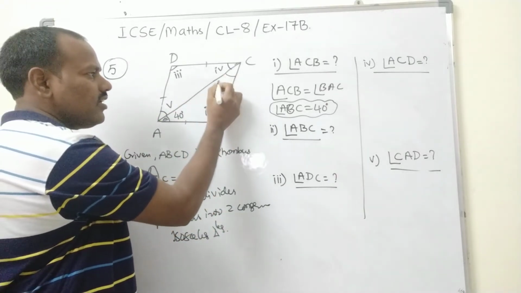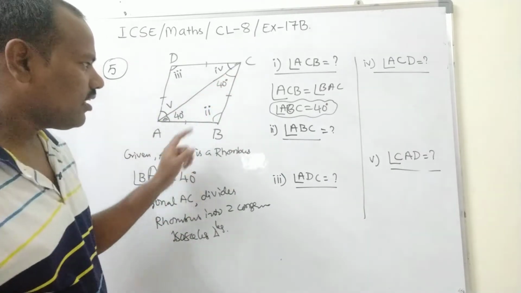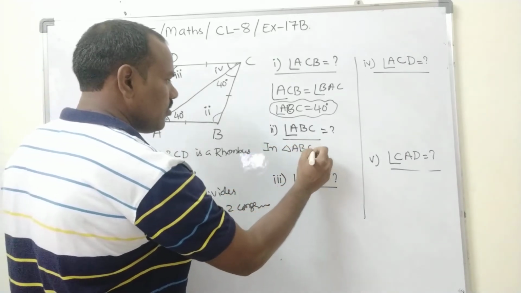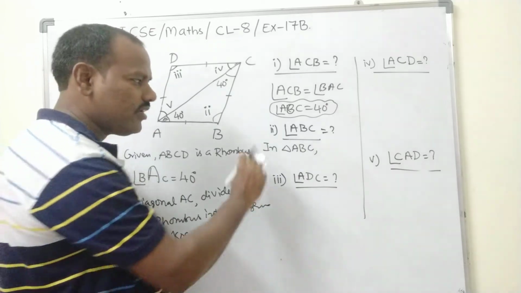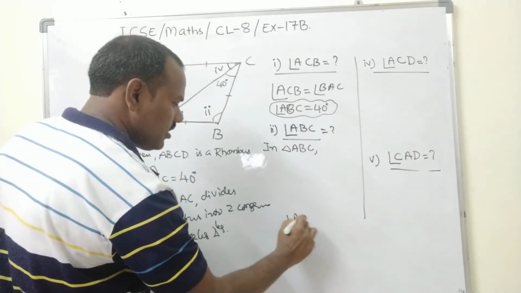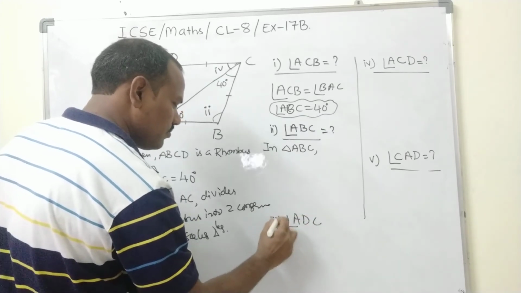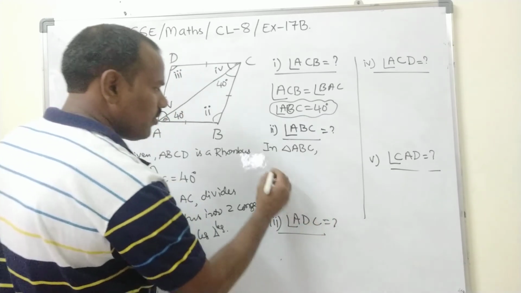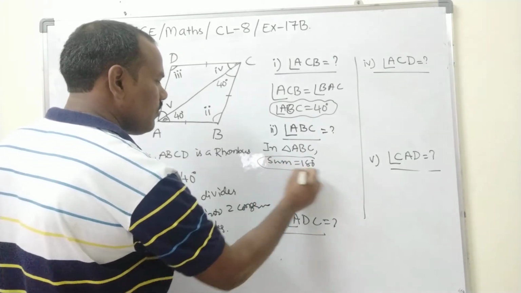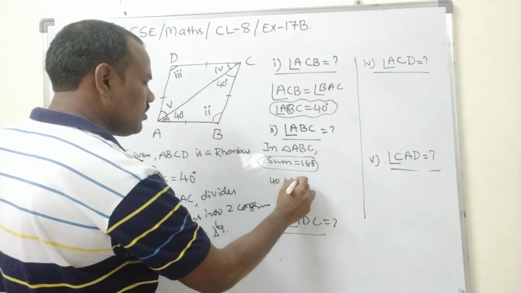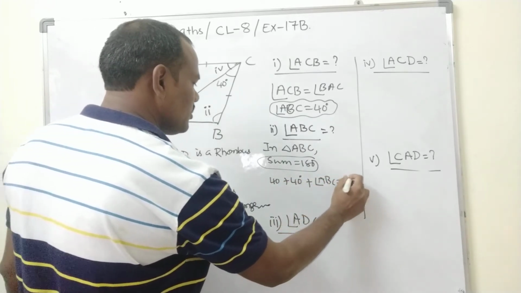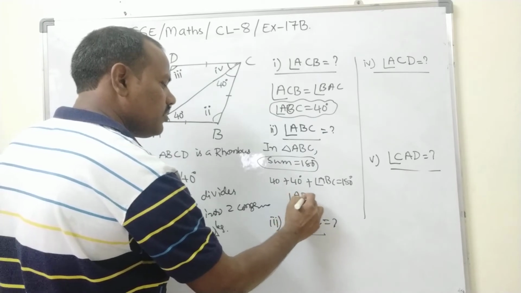The first one is completed. I am erasing and writing here 40 degrees. Next, angle B. In triangle ABC, the sum of angles is equal to 180 degrees. That is the statement you have to write. So 40 plus 40 plus angle ABC is equal to 180 degrees.